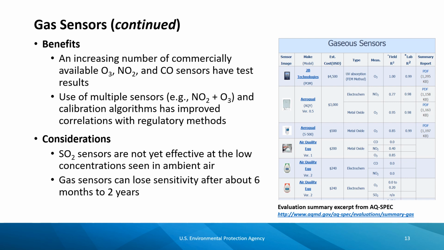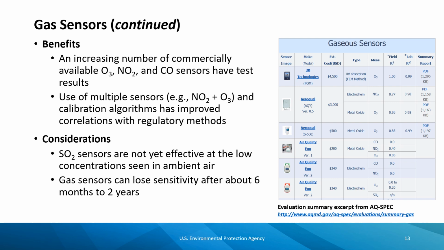There are several benefits and things to consider with gas sensors. For benefits, there are more commercially available sensors for ozone, nitrogen dioxide, and carbon monoxide. Performance remains highly variable, but the use of multiple sensors and calibration algorithms has improved correlation with regulatory methods, and an increasing number of test results exist.